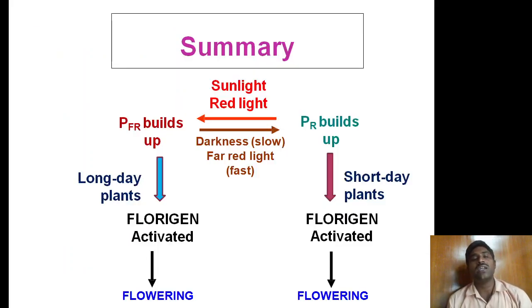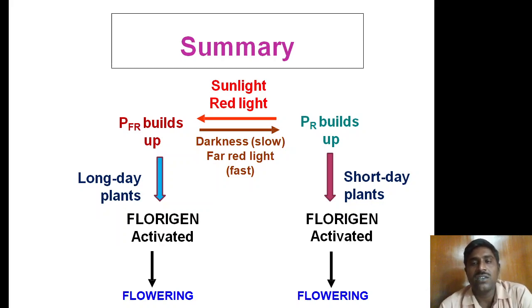Next, we can understand with the help of this summary of the entire phytochrome. Generally, during the daytime, in the light spectrum there are red light and far red light. That means there are many wavelengths, from 660 nanometers to 730 nanometers. 660 nanometers is the red light, and 730 is the far red light.